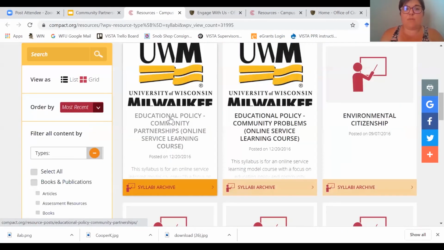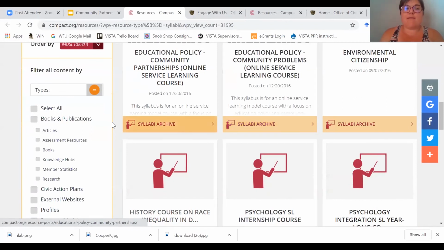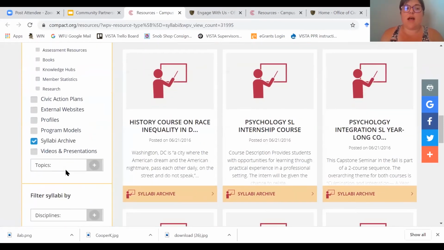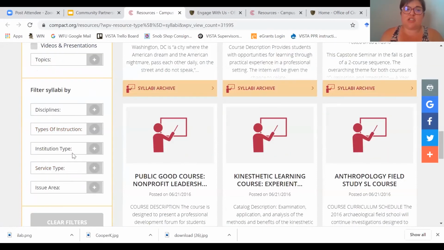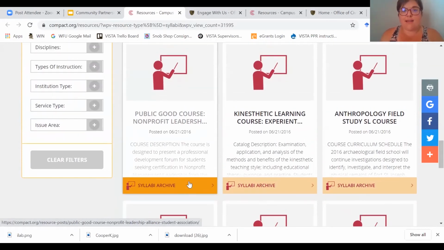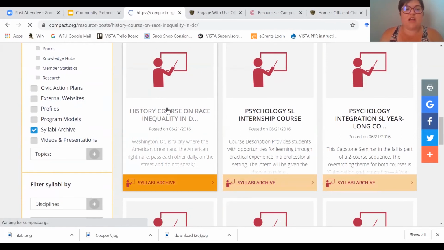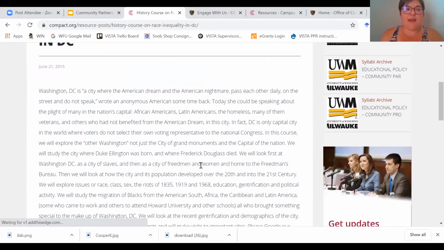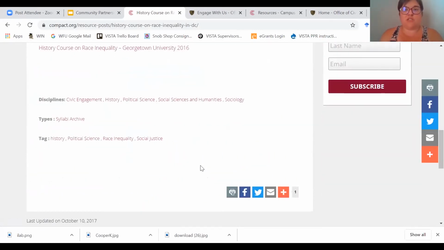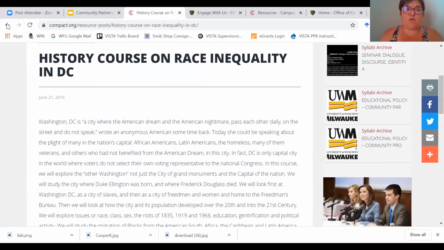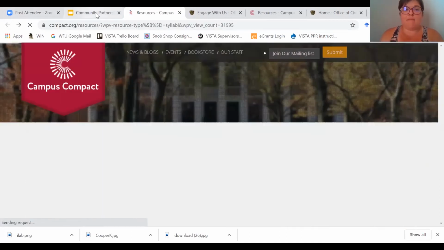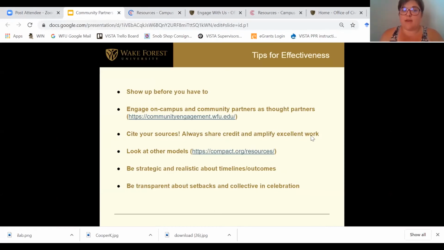Another thing to look at is the syllabi. I think it can be really helpful because, as you can see, this is all open source, and so you can search for particular disciplines, types of instruction, type of institution, type of service, and issue area. When you click on these courses, you will get the syllabi from the syllabi archive, but what you will also get with the large majority of these is contact information for the faculty member who has taught that class in the past and has submitted it to be included as part of that repository.